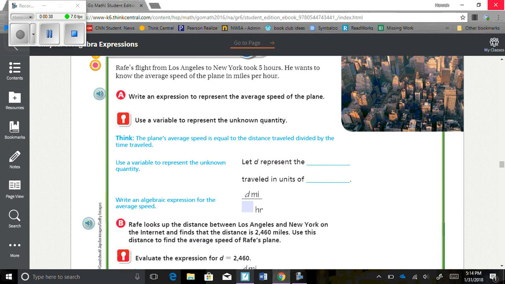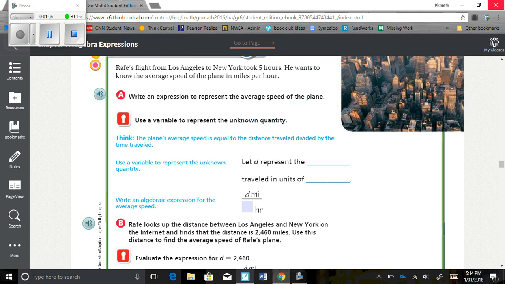Okay, so we're going to look at a couple examples here. Rafi's flight from Los Angeles to New York took 5 hours. He wants to know the average speed of the plane in miles per hour. Write an expression to represent the average speed of the plane. So, in order to do this, we're going to use a variable to represent the unknown quantity, which right now is the average speed of the plane in miles per hour.